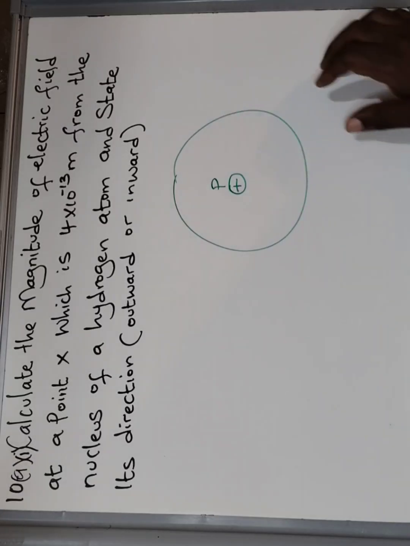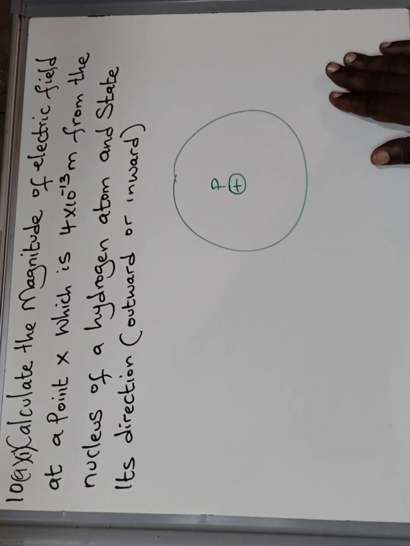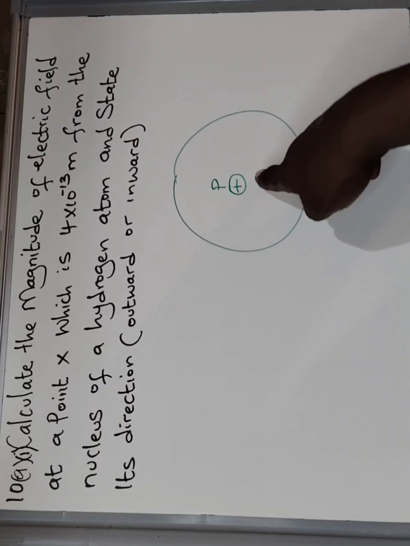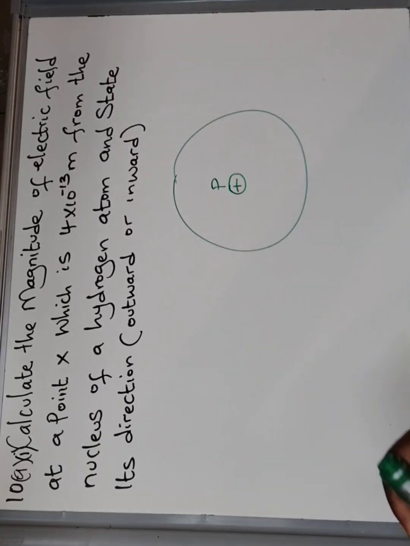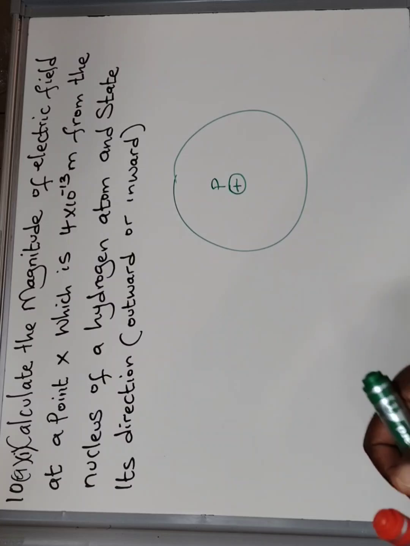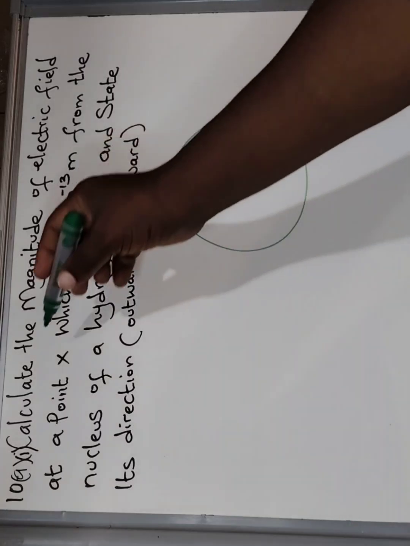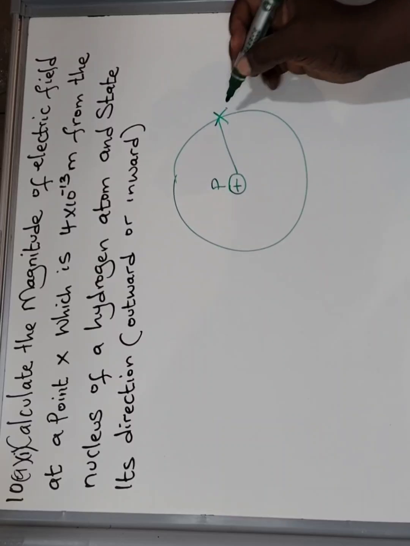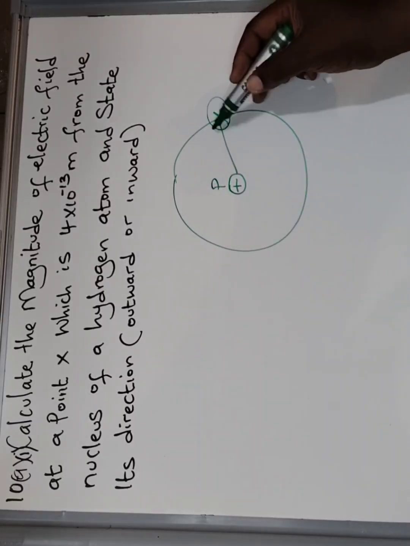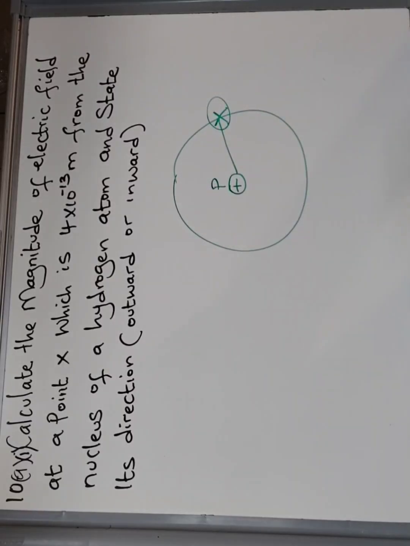One proton, one electron. So in the nucleus we have one proton, and we are going to calculate the electric field at a distance x, the point under our consideration.